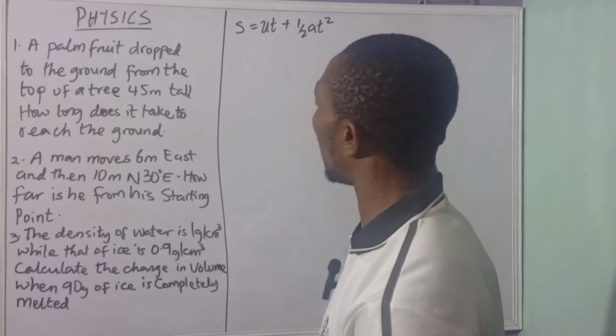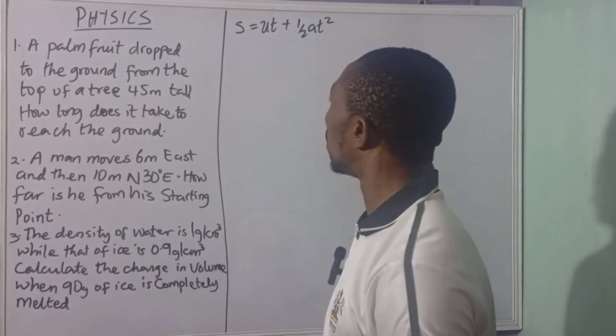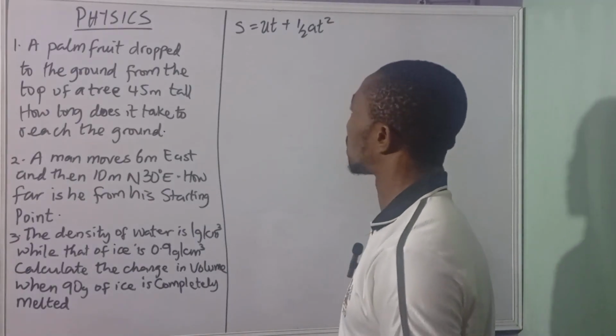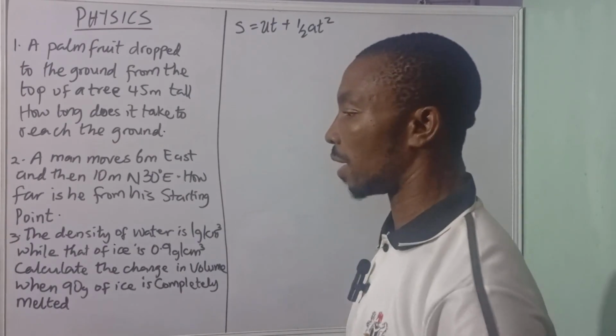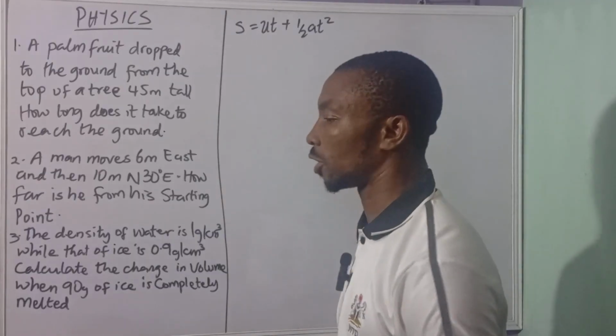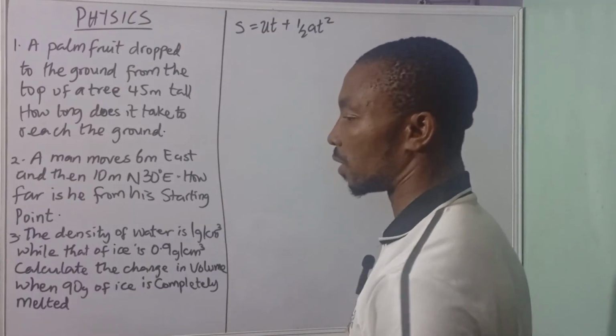Here S is the height, U is the initial velocity, T is the time taken, and A is acceleration due to gravity.